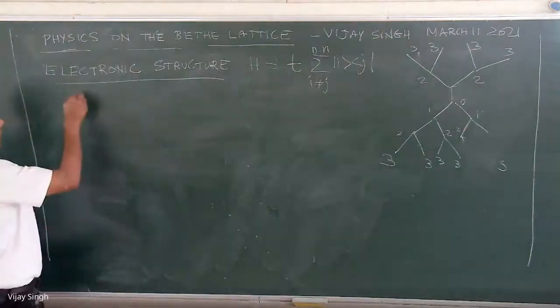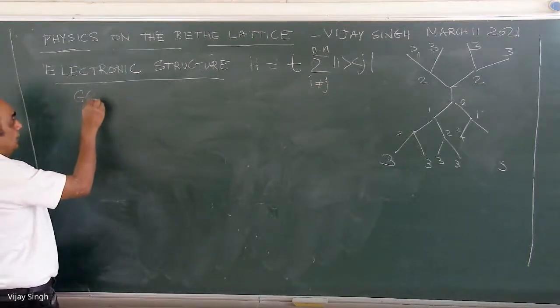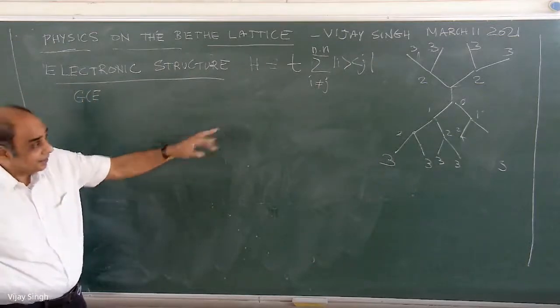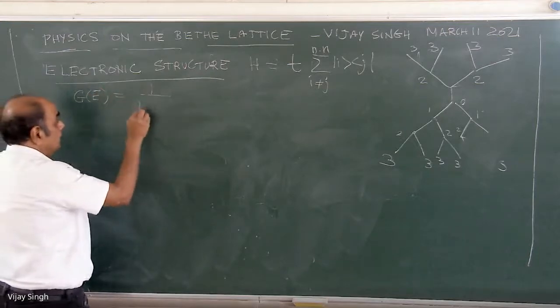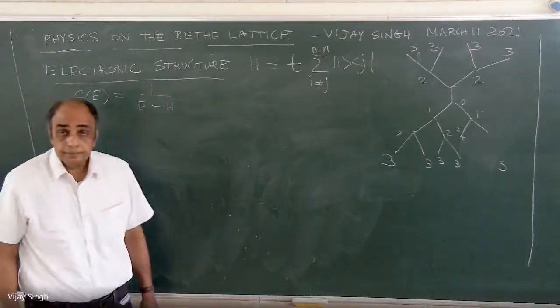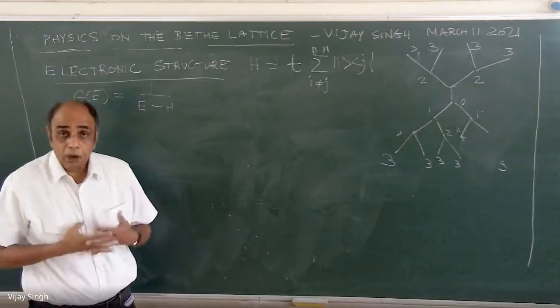So I have the Green's function G of E. I'm not using z because that will get confused with the index z over there. G of E is equal to 1 over E minus H. Be very clear, these are operators.